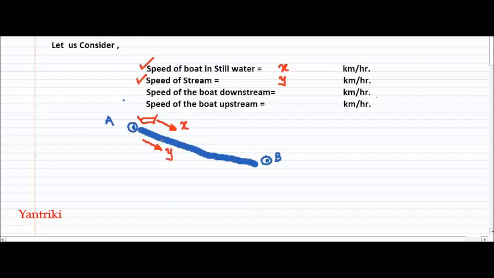Now जैसा कि मैंने आपको स्टार्टिंग में ही बताया था कि मैंने A पॉइंट को ऊपर और B पॉइंट को नीचे बनाने के पीछे का रीज़न ये है कि any time the y thing, the speed or the direction of y, the direction of the stream will remain constant, will remain same throughout the problem.